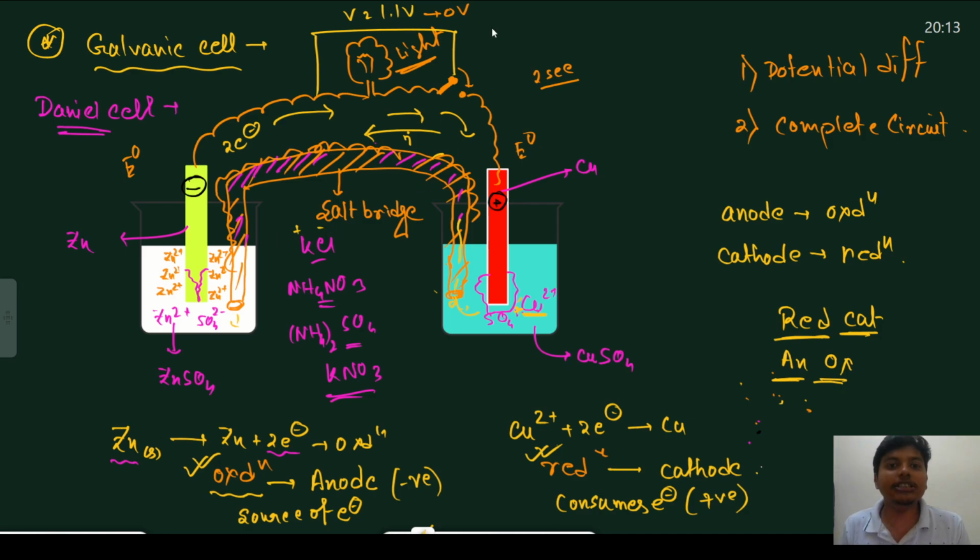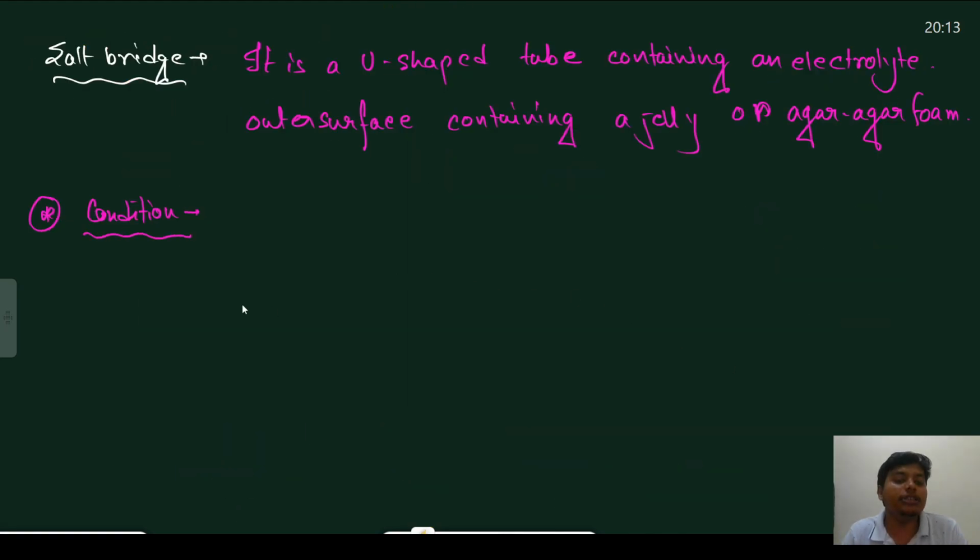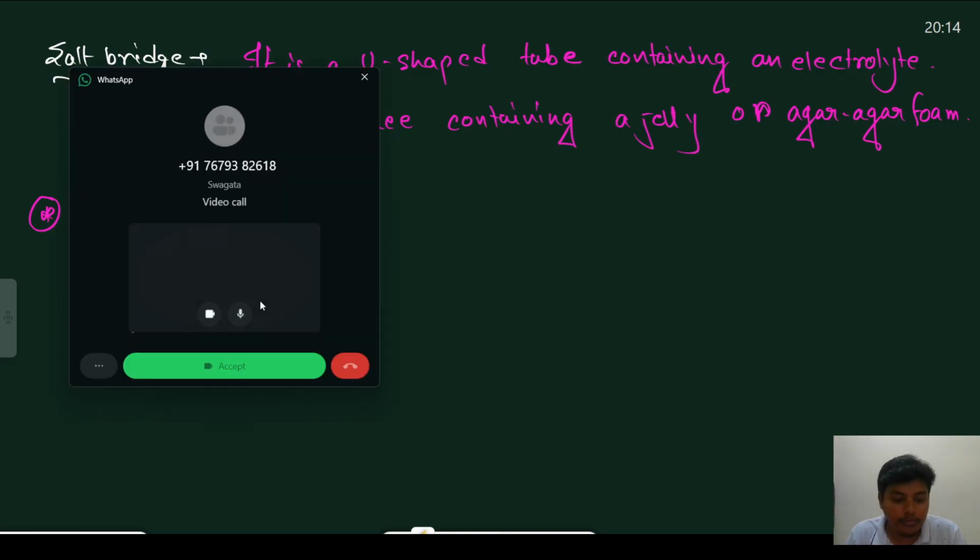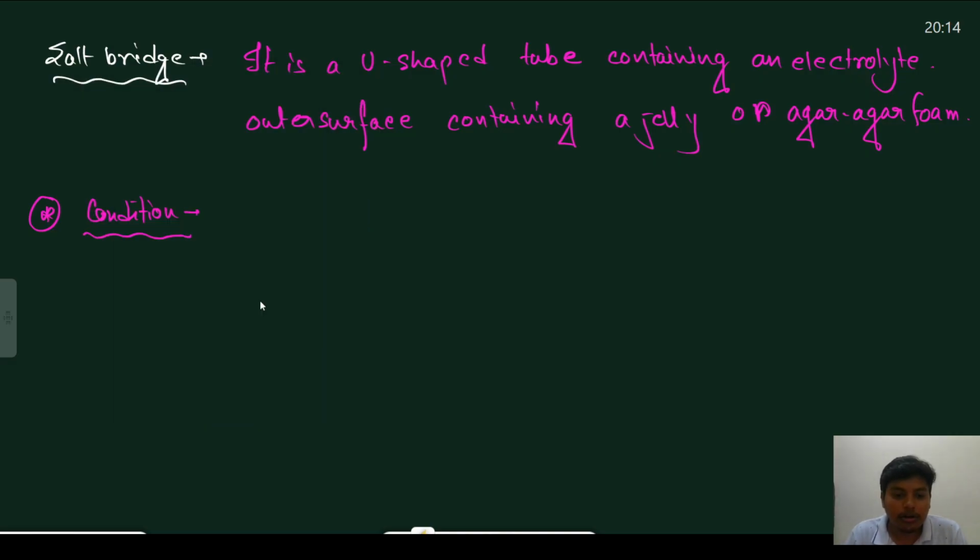So electricity will pass. Not always, actually. Sometimes you will see that zinc will get destroyed little by little, then it will stop. It is not that we get energy all the time. Clear? Understood this thing?